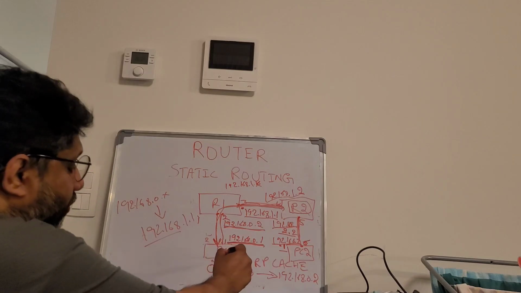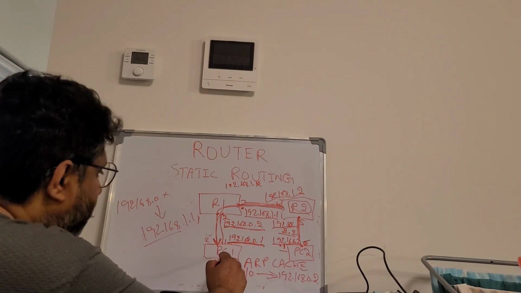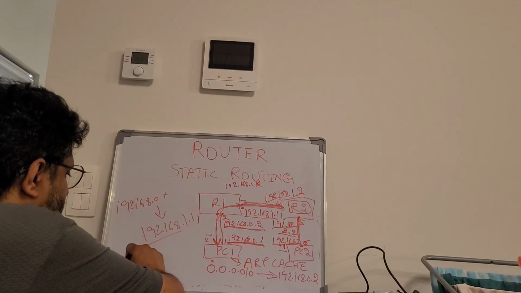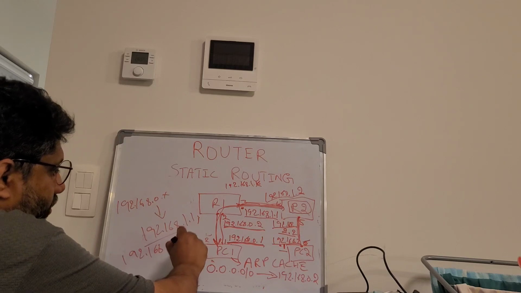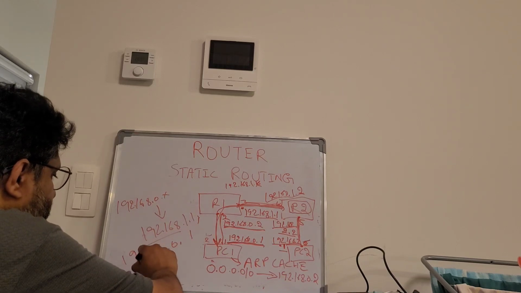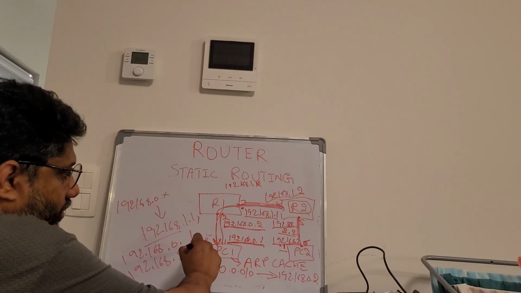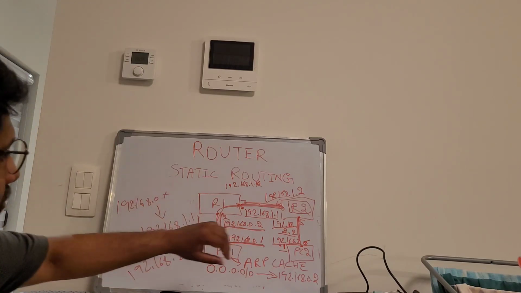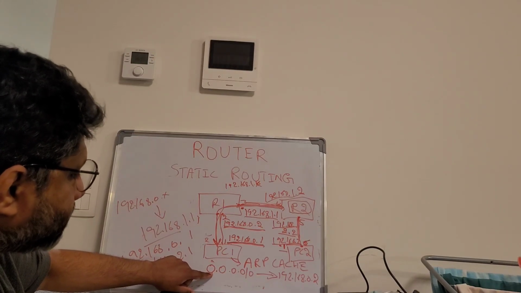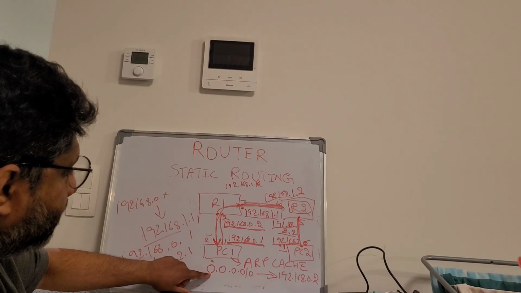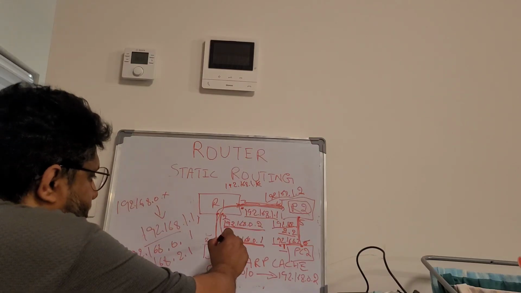Now, as I discussed previously, we need to send a packet from PC1, from 192.168.0.1 to 192.168.2.1. For the first packet, we have a default route on PC1 which says that any packet other than 192.168.0.x, send it to 192.168.0.2. Here it comes, right?